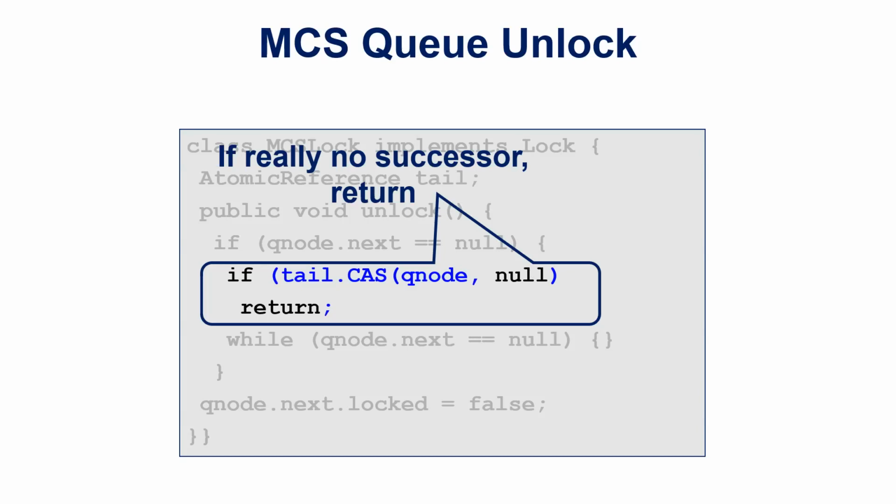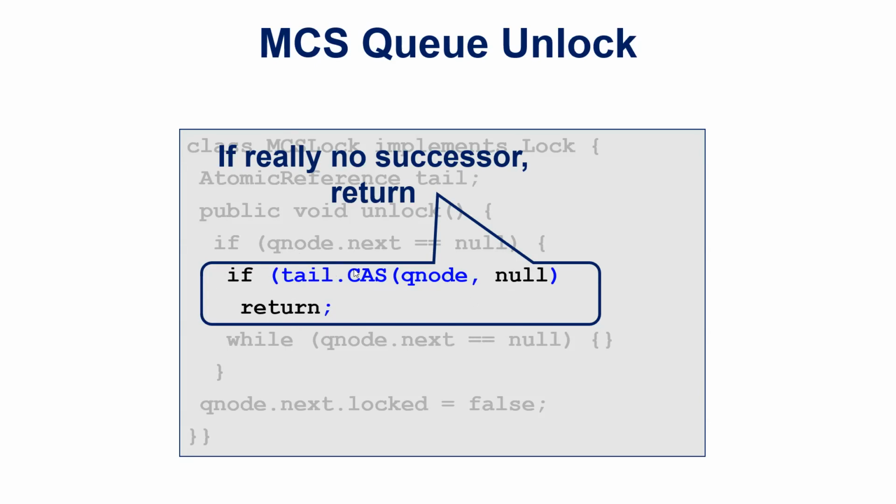If it is, the value of the tail is updated to null. The operation returns true if the comparison and update succeed. Otherwise, it will return false. So if the tail is pointing to the qnode, then we are updating the tail to null, and after that, we are returning.